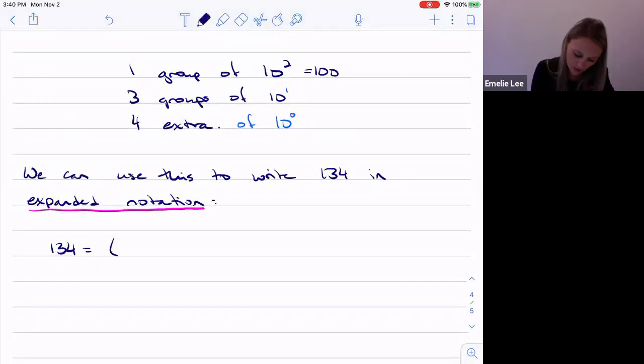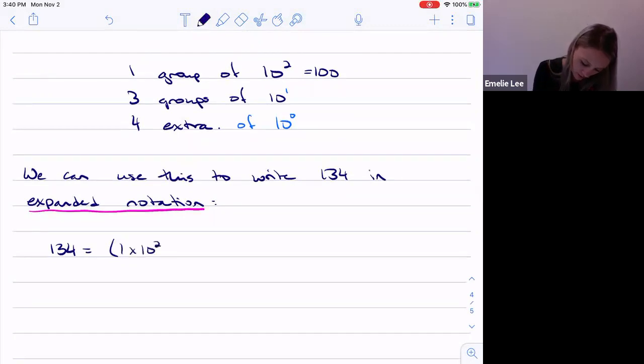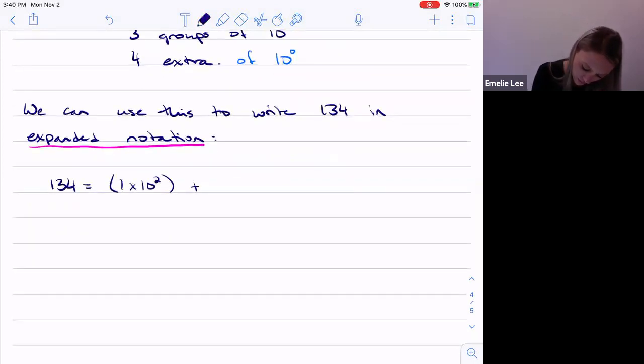So what we do is we do 1 times 10 to the power of 2 plus 3 groups of 10 to the power of 1 plus 4 groups of 10 to the power of 0.